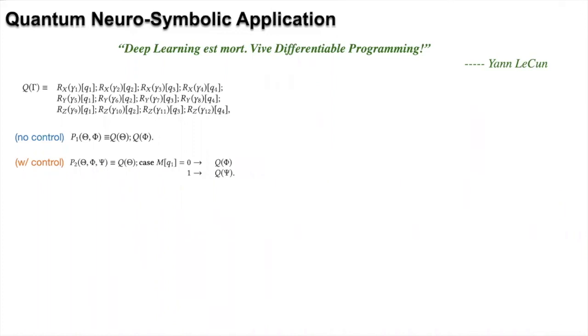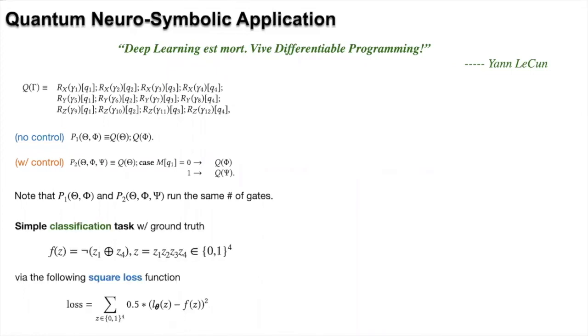In particular, it will measure the first qubit and get out the result, then apply potentially different parameters to Q. Note that in a single run, P1 and P2 will run exactly the same number of gates. We use P1 and P2 as parameterized quantum programs for the following simple classification tests with square loss functions.